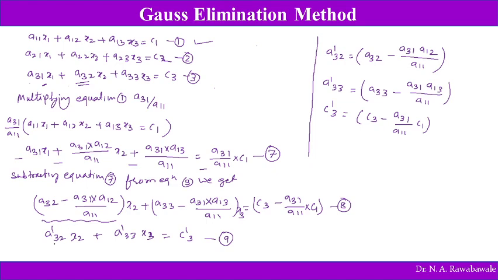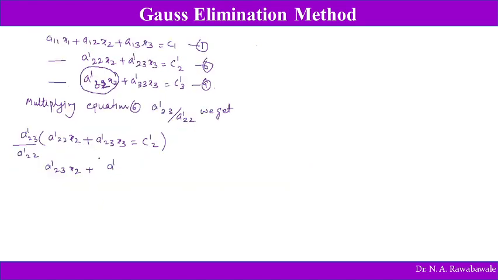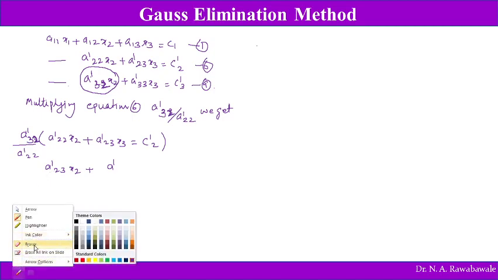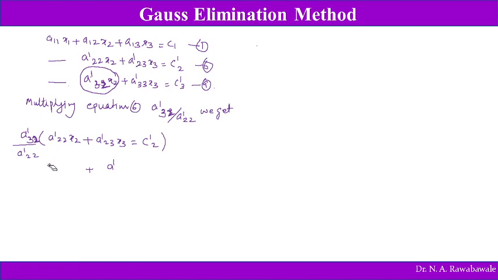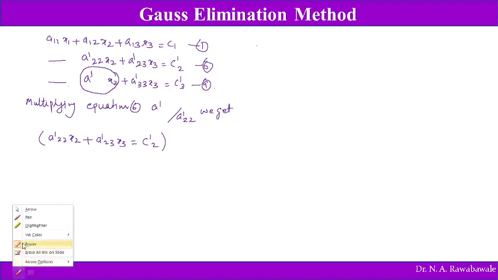Just see here a'32. So multiplying this by a'32, just a minute. So this is a'32.